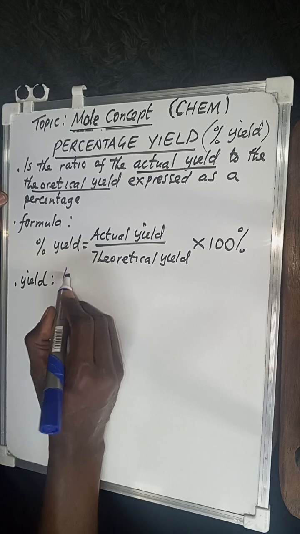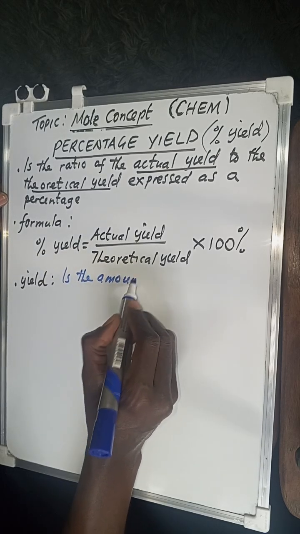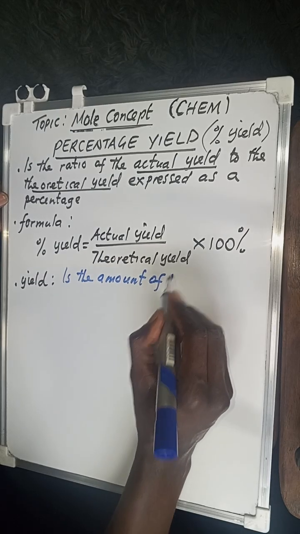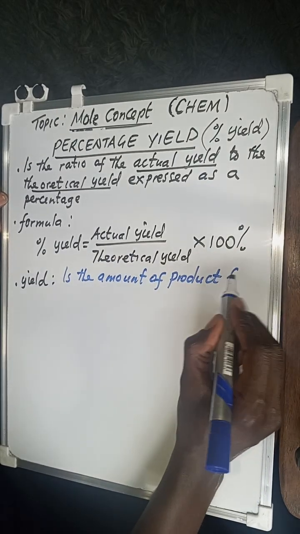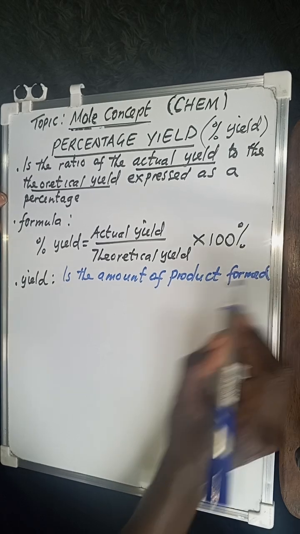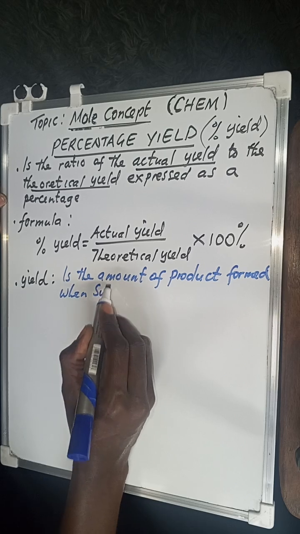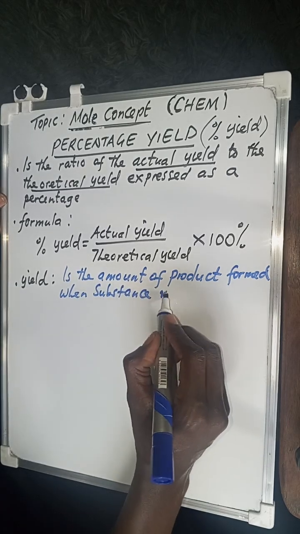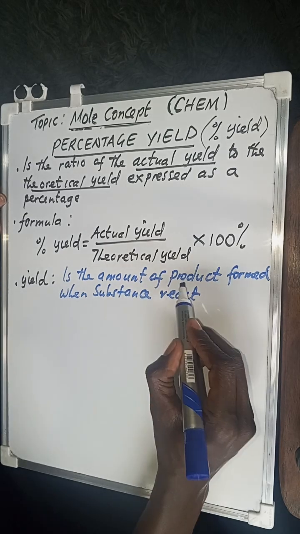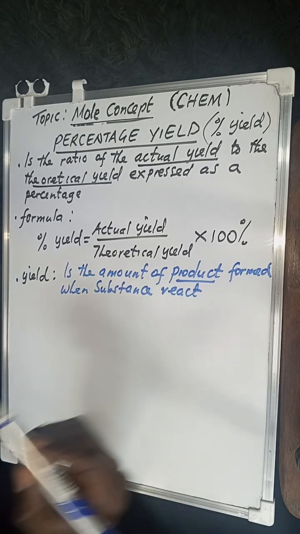So yield is the amount of product formed when substances, in this case reactants, react. So the key word, the amount of product that you get, is what we simply call yield.